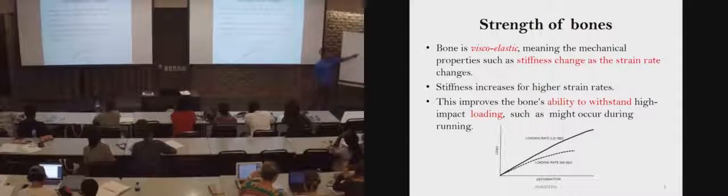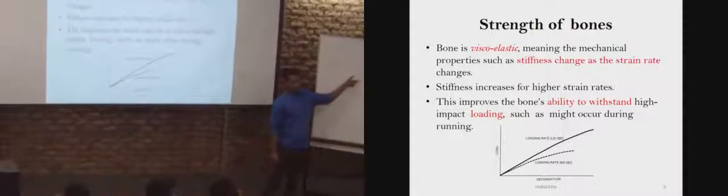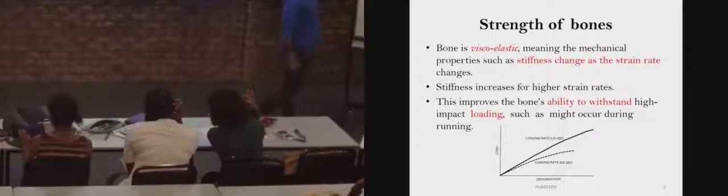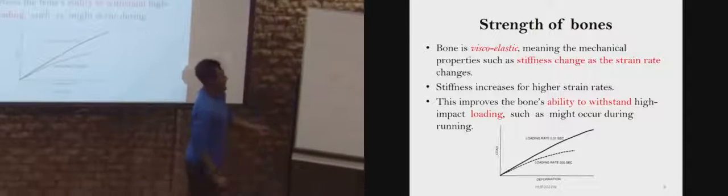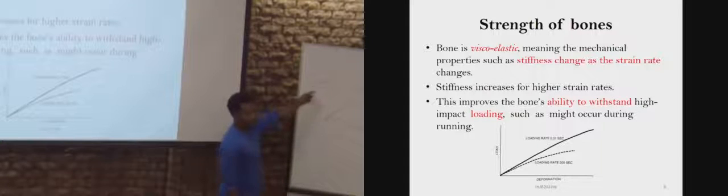So the deformation in this case is slow. So if you compare load and deformation, you will get this kind of curve. So the curve for quickly deformed material will be higher than slowly deformed material, comparing load and deformation.